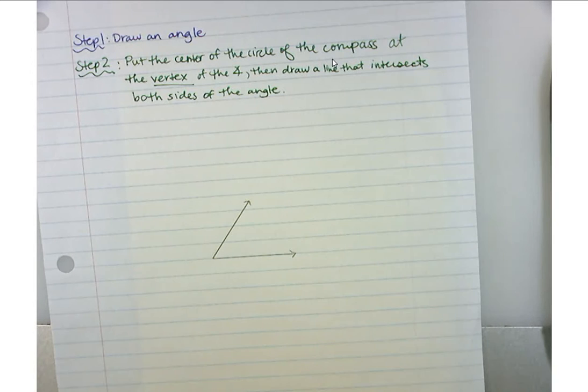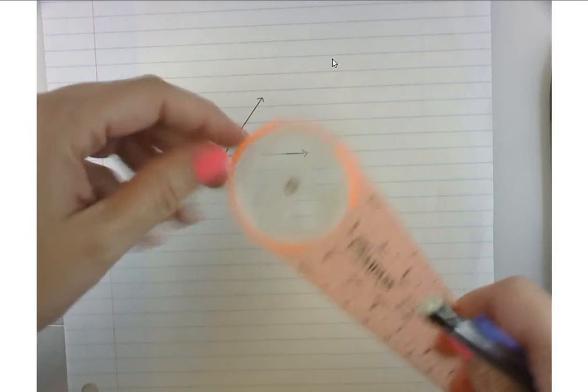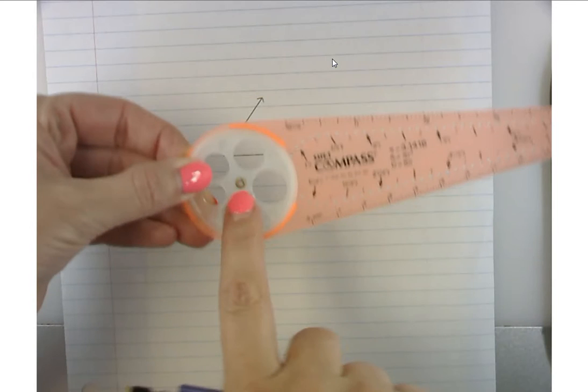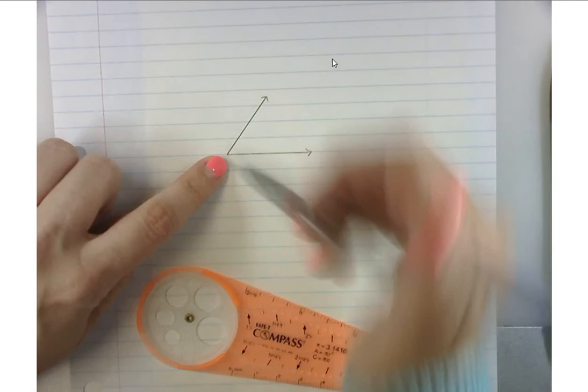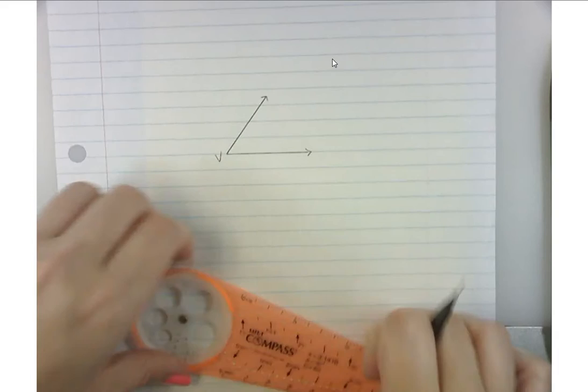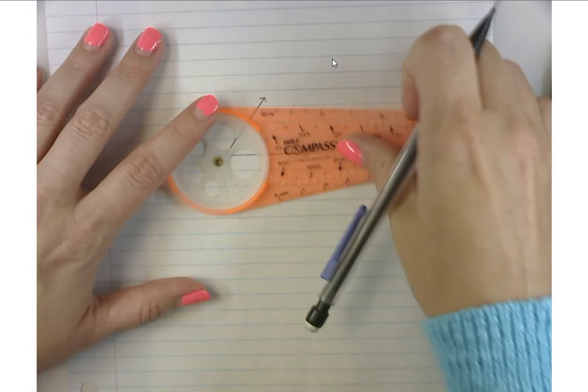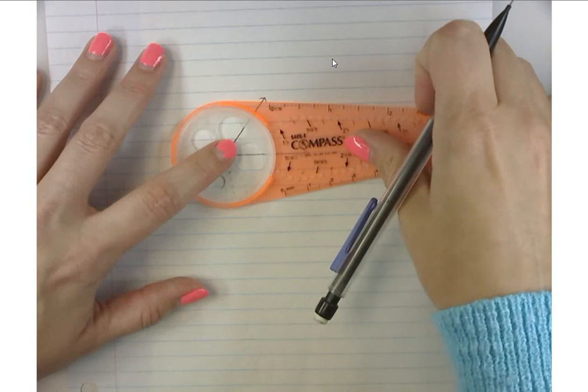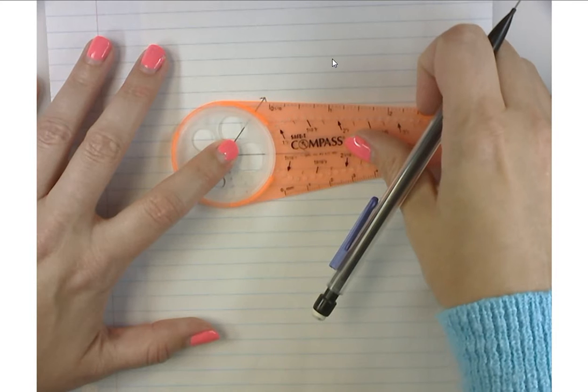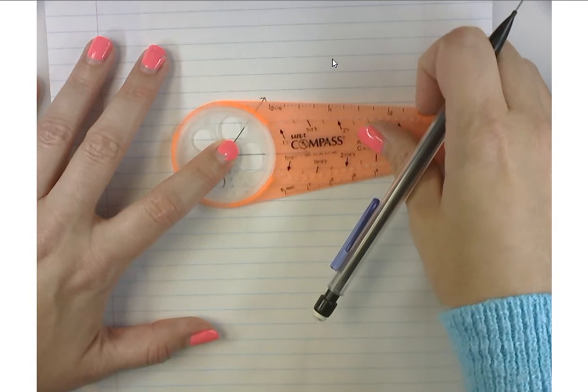Okay, so you're just gonna watch me, and then don't worry, I'll say exactly what I'm doing again while you're doing it, okay? So when I say you're putting the center of the circle of the compass, it's gonna be this gold part here, and then this is the vertex of my angle. So what I do is I position that here, and then you'll notice, again, you should not be doing this on your paper, you're only watching me.